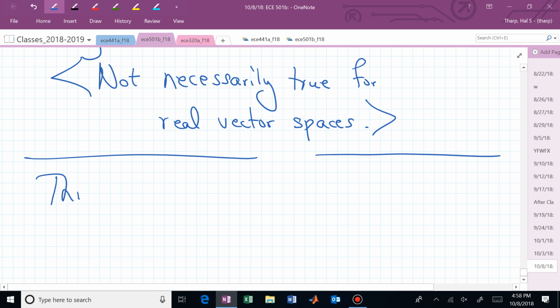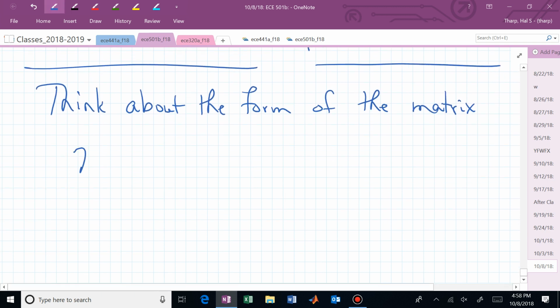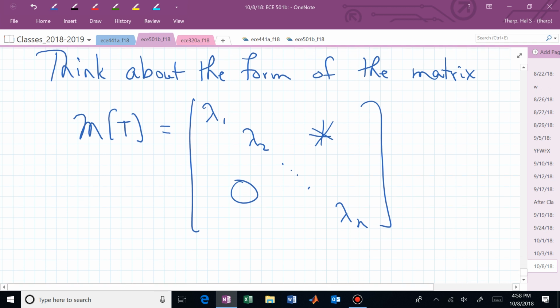Think about the form of the matrix representation of an upper triangular matrix. So here we have the matrix representation of T, and I'm already giving away some of our subsequent statements by labeling those as lambdas. But there's our upper triangular representation.